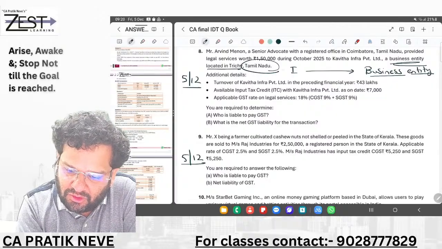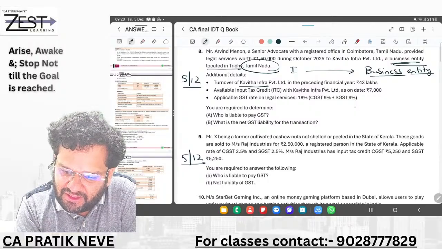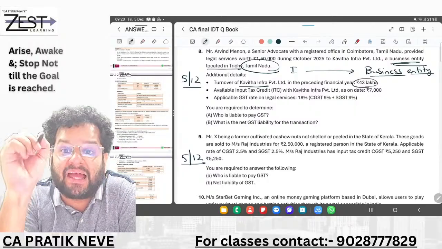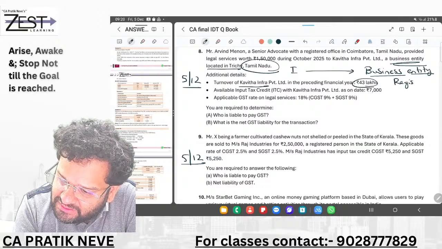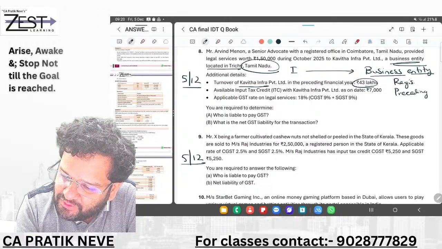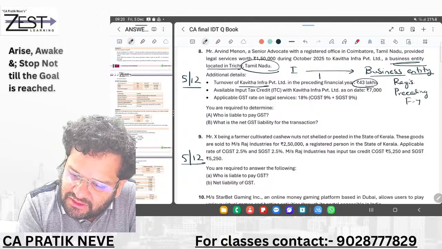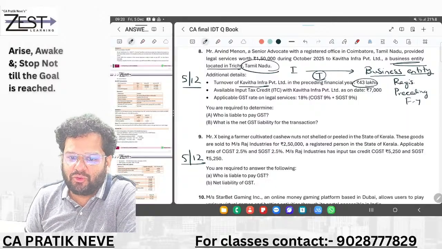See now, turnover of Kavita Private Limited, the recipient of supply, last year was 43 lakhs. So fantastic. They were liable for registration in the preceding FY. So congratulations. This service is going to become taxable.